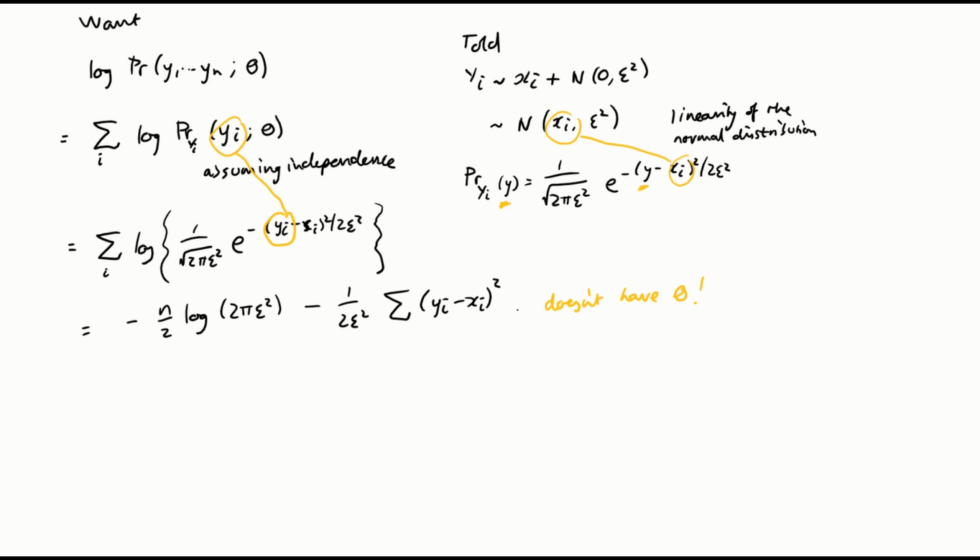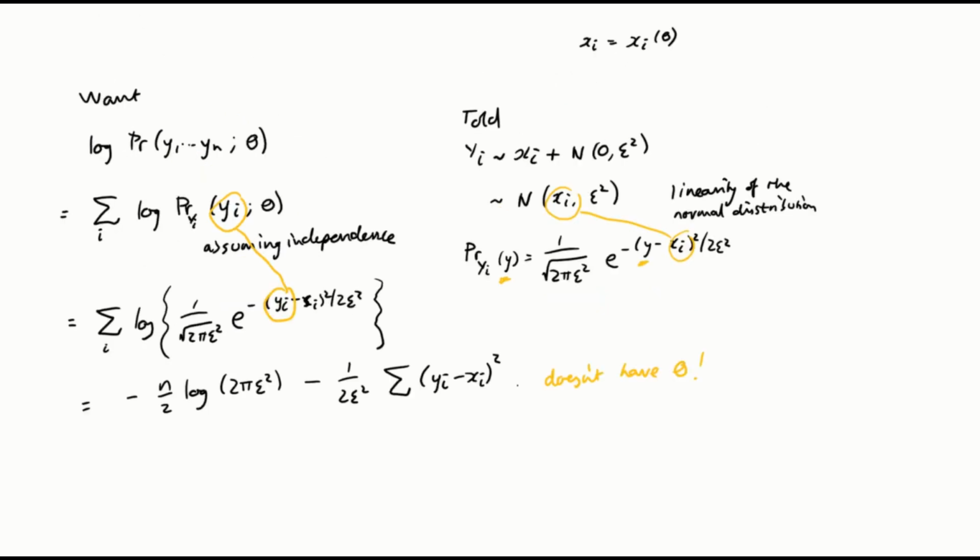If we don't do that, we're likely to be led astray when we try and do maximum likelihood estimation for theta. So let's just write out actually what xi is. Xi is a function of theta, and the question tells us what that function is. I'm going to rewrite that using the indicator notation: indicator that i is above theta.